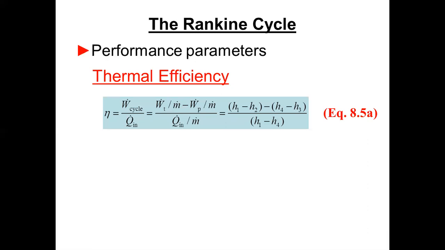So when we take the turbine work and subtract off the pump work, we get the net work by the cycle, and then we divide that by the heat input to the boiler, and all of this is done on specific quantities, so we're dividing each quantity by the pound mass of flow.